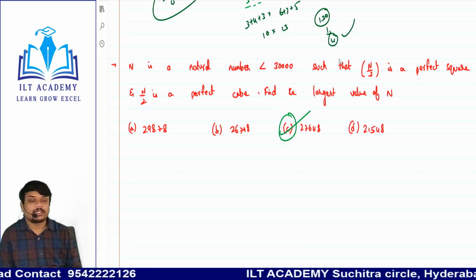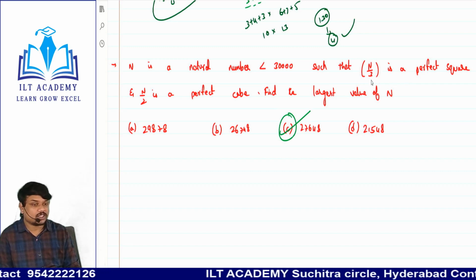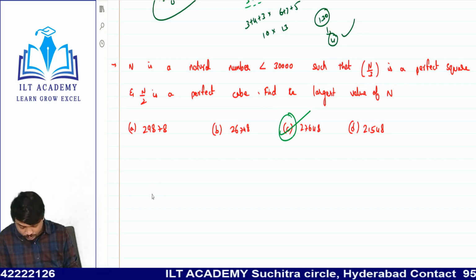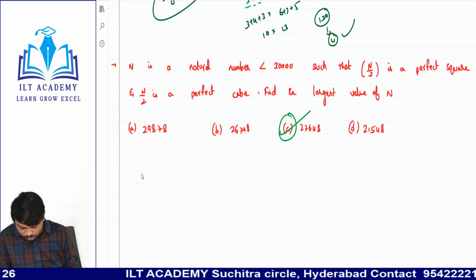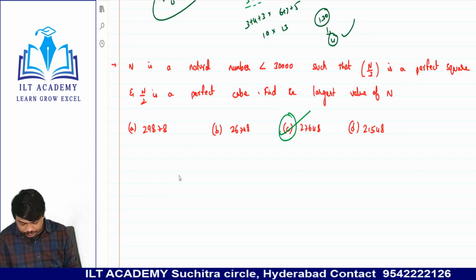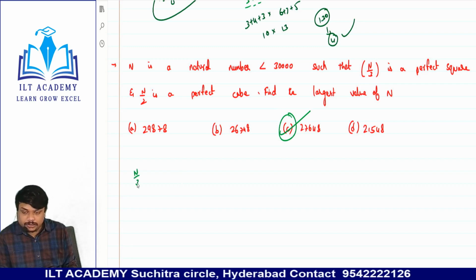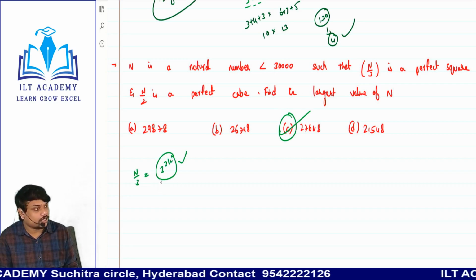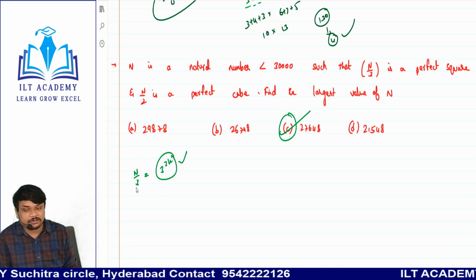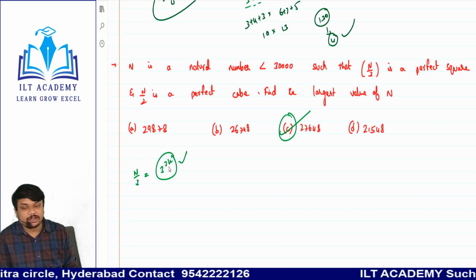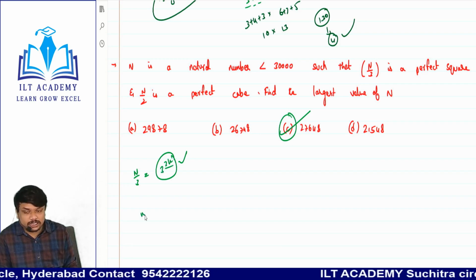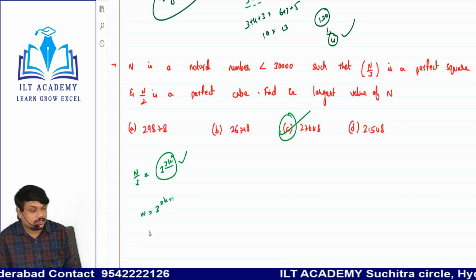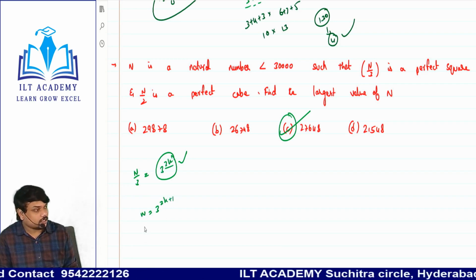Now see, let us assume first n by 3 is a perfect square, means what? N by 3 is a perfect square, so it should be in the form of 3 power 2k, right? Clear. Since 3 is in the division below, put 3 here, and a perfect square they are asking, 2k, so n is equal to nothing but 3 power 2k plus 1. Clear? Got it?